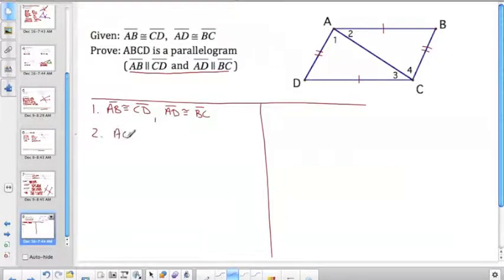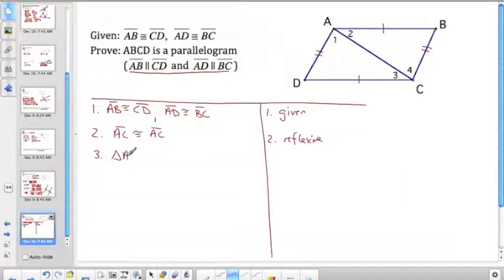We're going to next say that AC is congruent to AC. And that's reflexive. So now I have 2 congruent triangles by side, side, side.